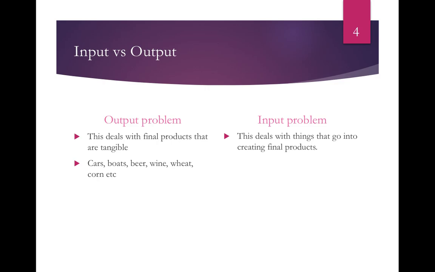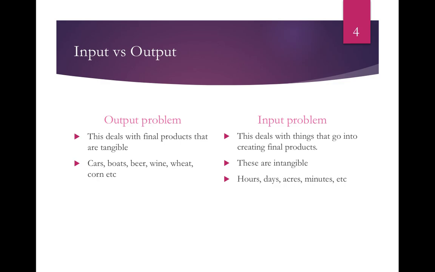Input problems are the second type of comparative advantage problem. Input problems deal with what goes into creating the final product. It's definitely things that are intangible, but we're talking about how many hours to make a car, how many days to paint a house, how many acres to grow wheat, how many minutes to solder this thing or whatever. These things are intangible, but they still go into making the product.